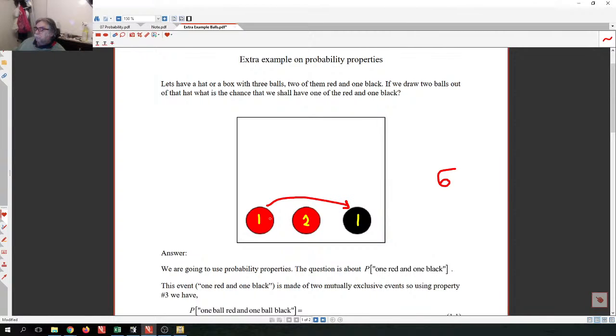One way, first, second. Another way, first, second. One more way, first, second. Another way, first, second. Okay, one of these arrows I didn't really write nicely, so let me try again.